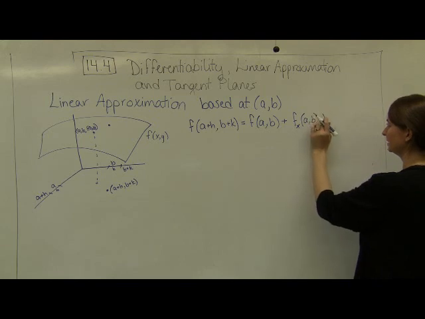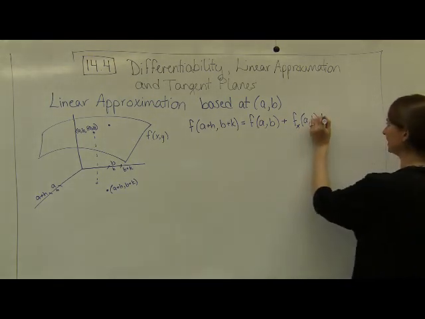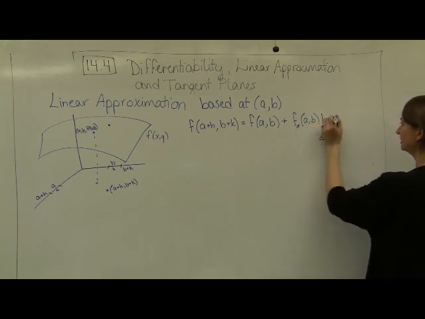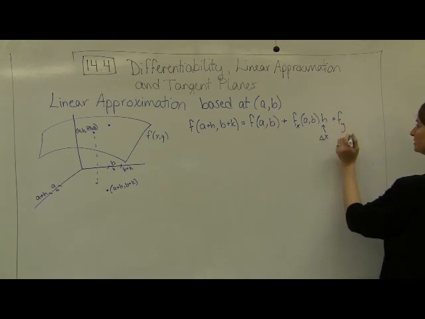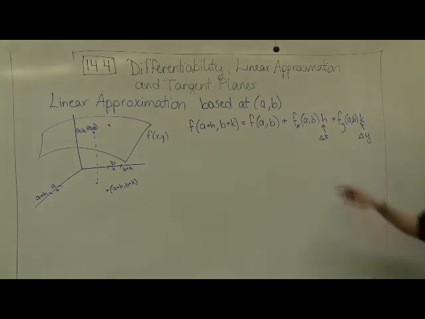Times maybe, and here our change in x value is given by h, and I'll label this as change in x, plus our partial derivative with respect to y evaluated at our point (a, b) times k, which is our change in y. So what is this saying?